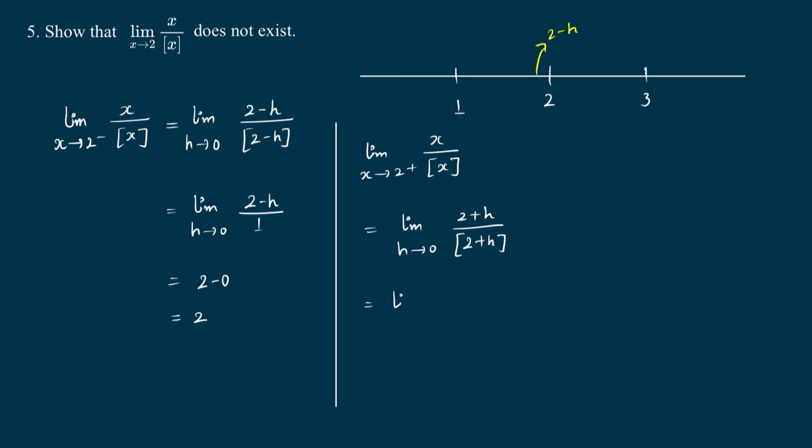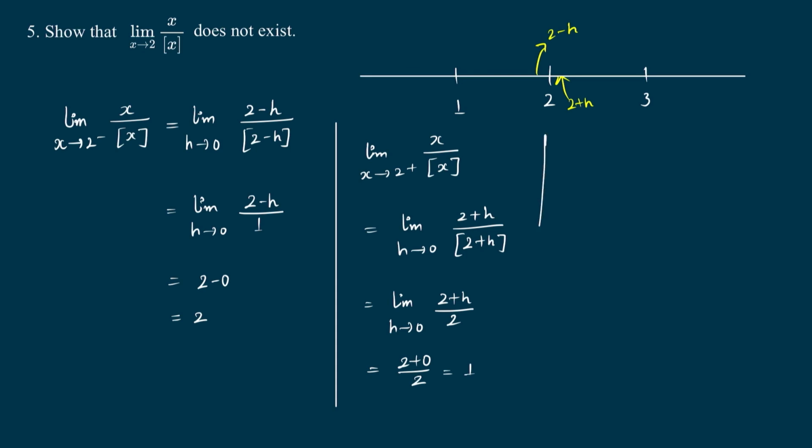Now again you see 2 plus h is somewhere over here, and the greatest integer which is less than or equal to 2 plus h is 2. So here in the denominator I have 2. Now let us put the value of h as 0, then we will have 2 plus 0 over 2, and that will finally give you 1.